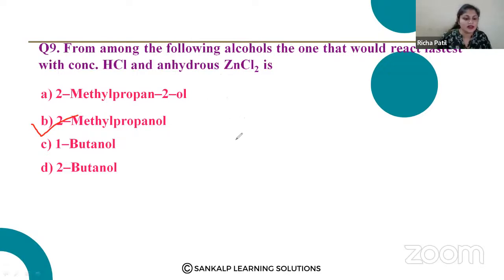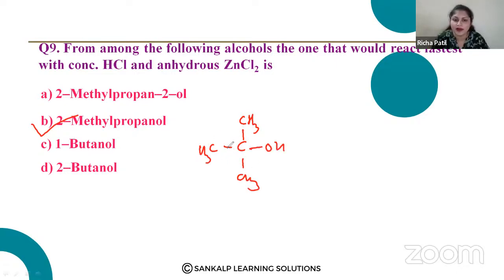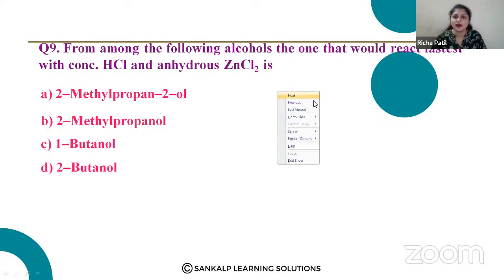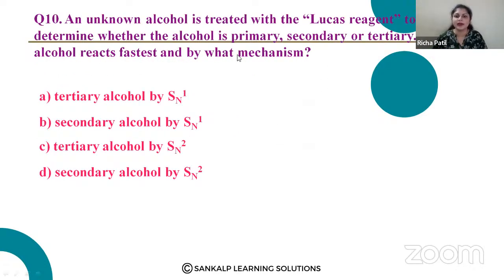So what is the structure of 2-methyl propanol? CH3, CH3, CH3, OH. Carbons 1, 2, and 3. So this is the answer. This is a tertiary alcohol, and a tertiary alcohol with Lucas reagent will give you an immediate PPT.